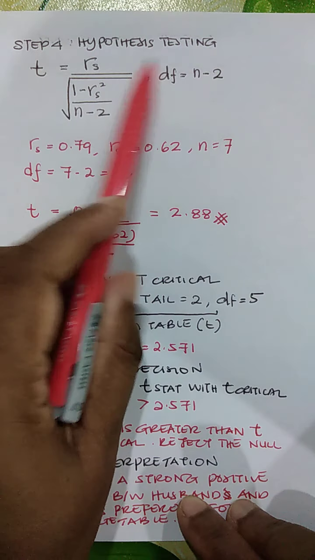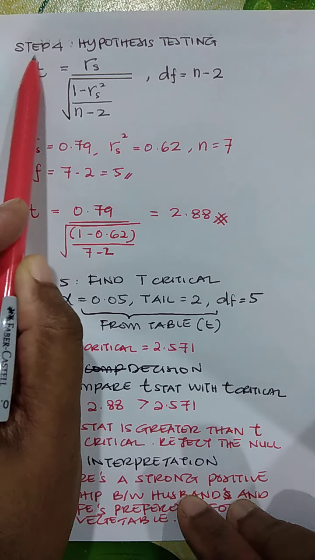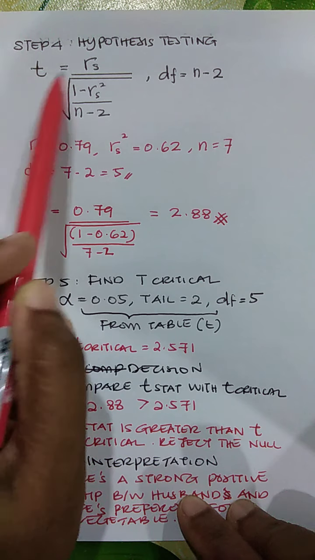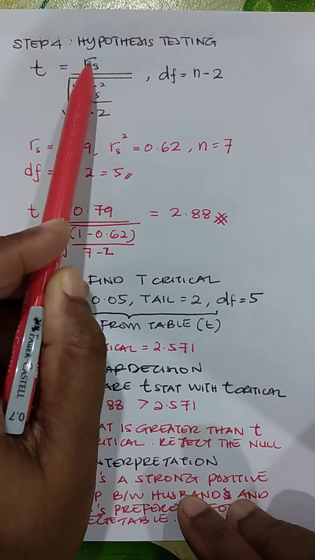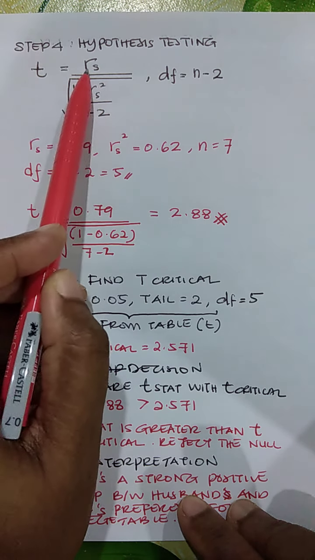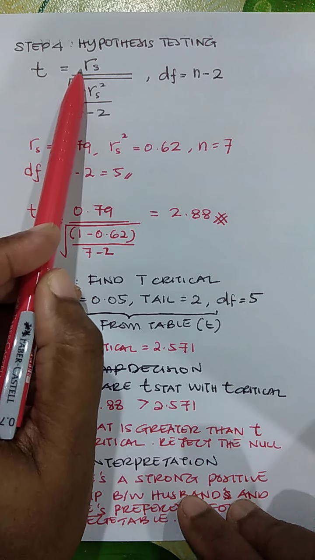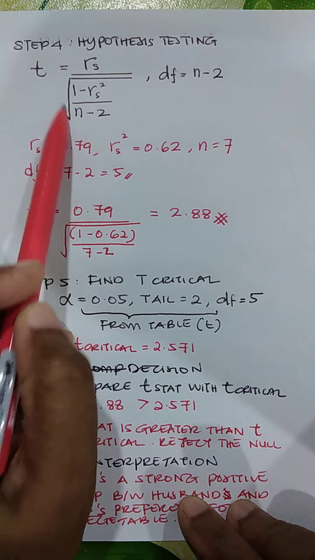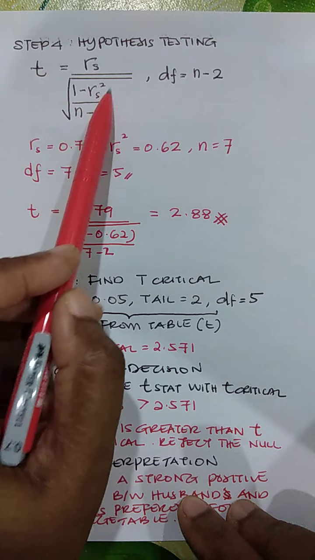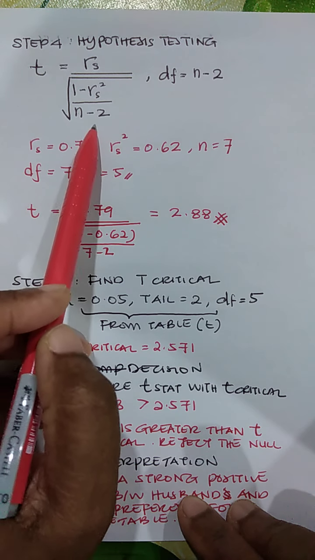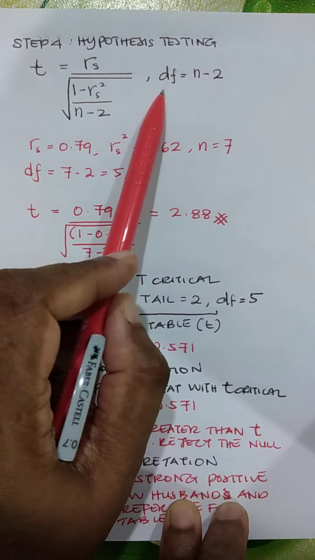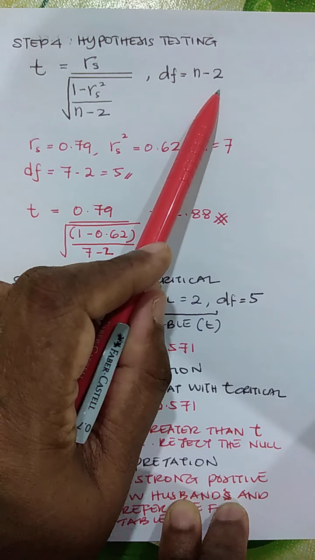What we do is we convert the r into t. So t is r, the Spearman correlation coefficient that we found, divided by the square root of (1 minus r squared) divided by (n minus 2). The degrees of freedom is n minus 2.